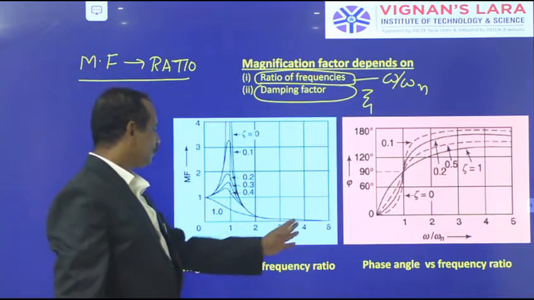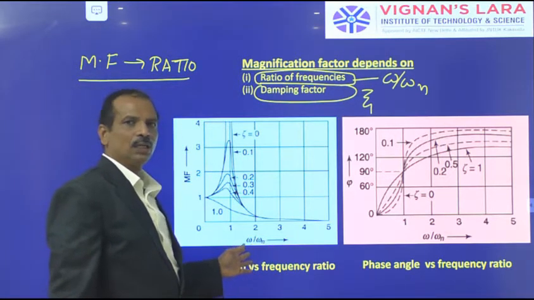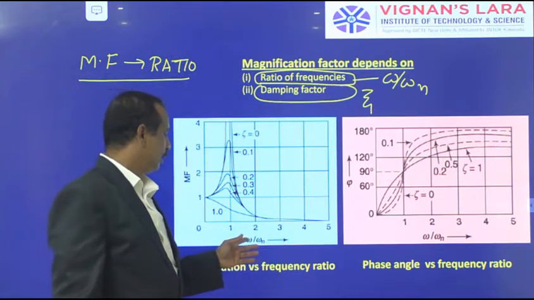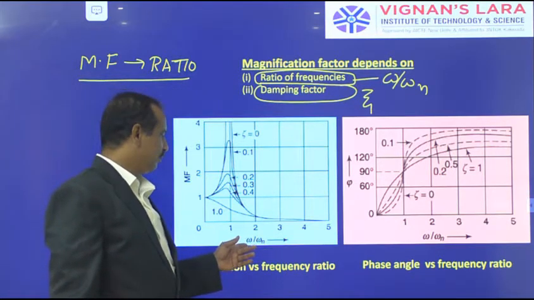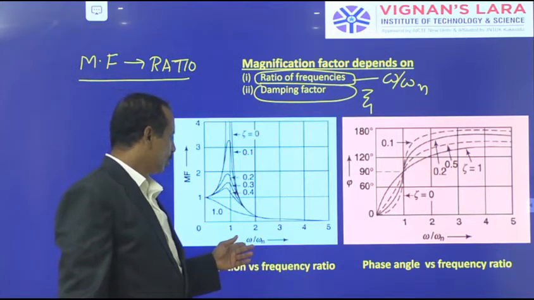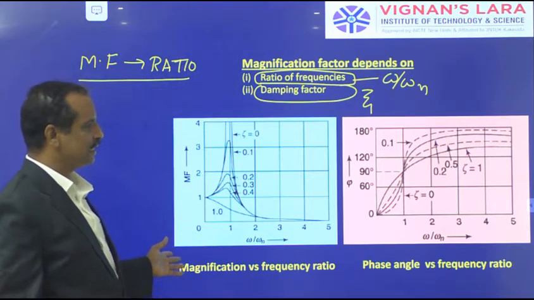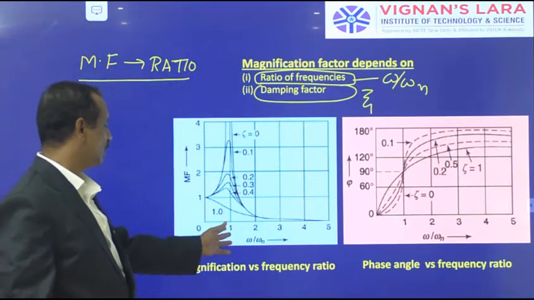On the x-axis we plot omega by omega n. Omega is the applied frequency and omega n is the natural frequency of the system, so omega by omega n is also dimensionless. Both the x-axis and y-axis are dimensionless numbers.